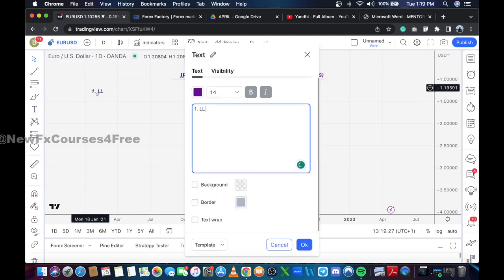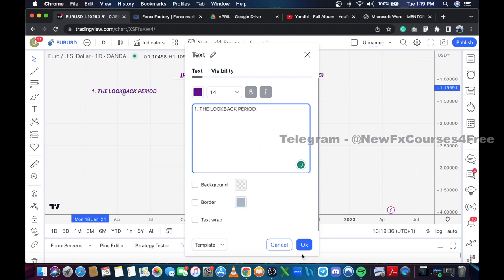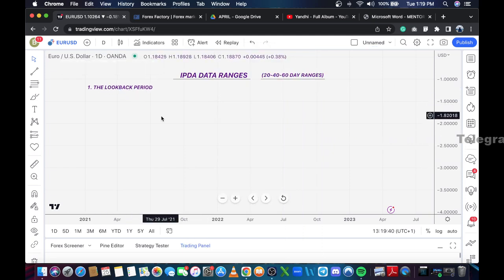With the IPDA data ranges, the first thing we're concerned with is the look back period. Now, this is how you can utilize it. I'm going to use a live price action example to delineate what I mean. With the look back period, you delineate your chart from the beginning of the most recent complete calendar month.